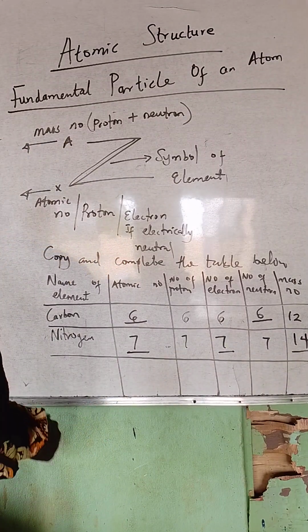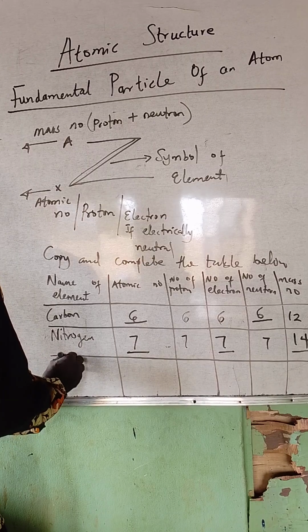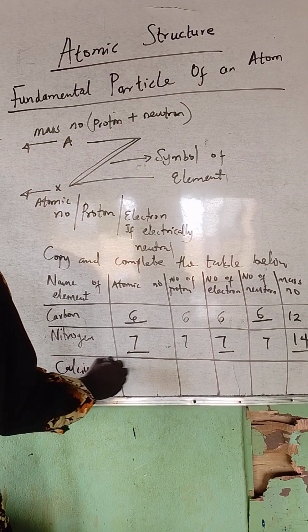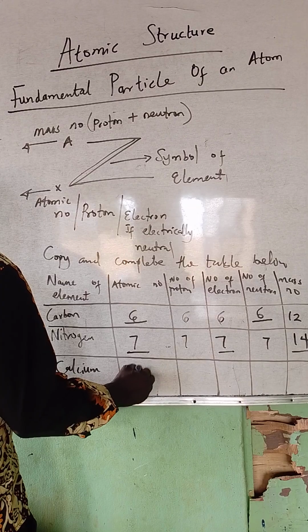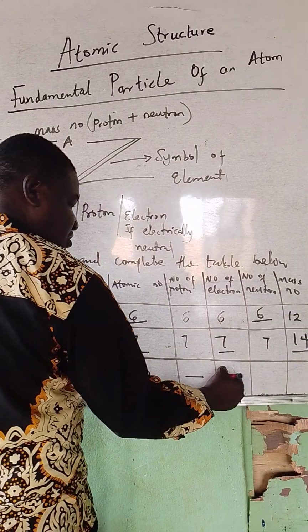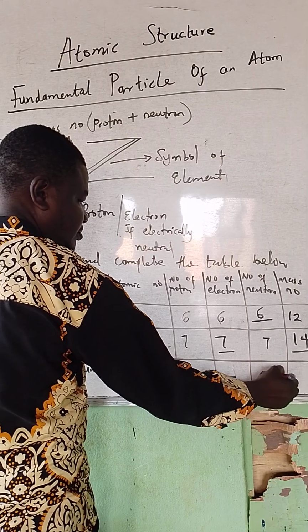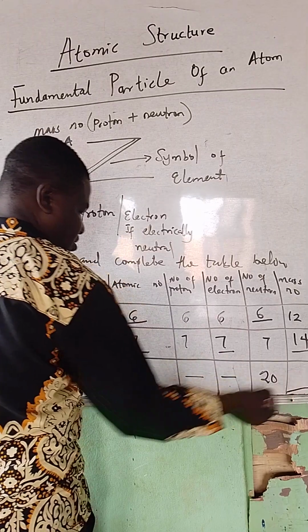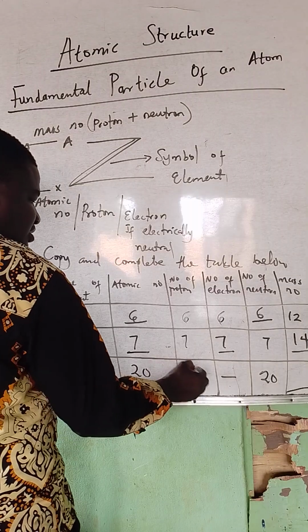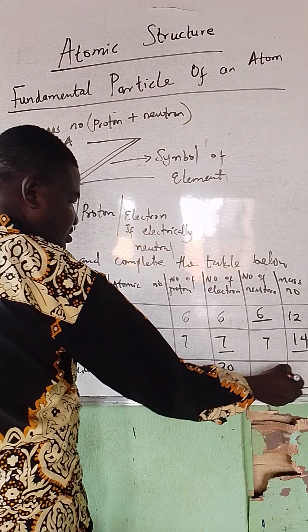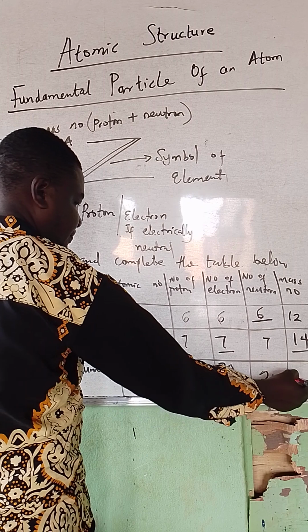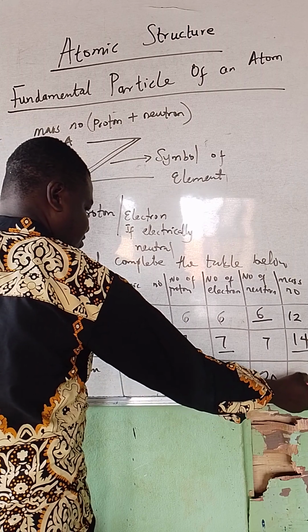Then the last one, calcium. This one is 20, so the same thing, 20 here, 20 here. 20 plus 20 gives 40.